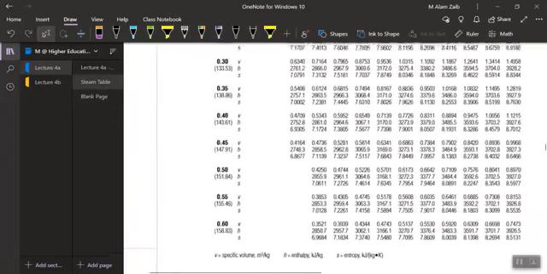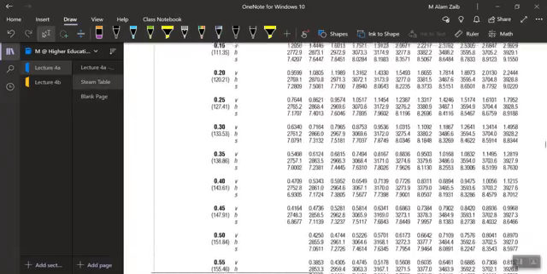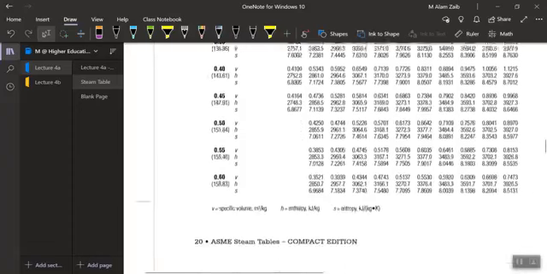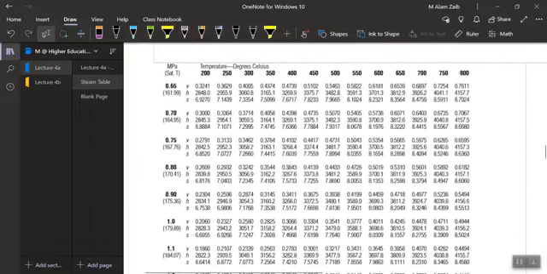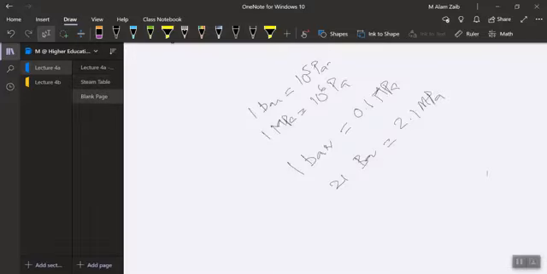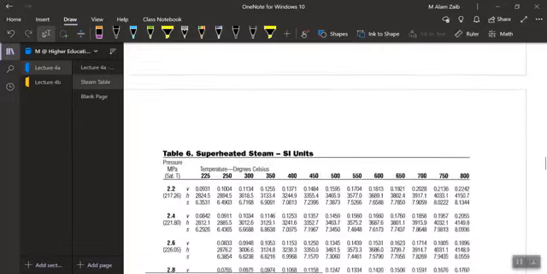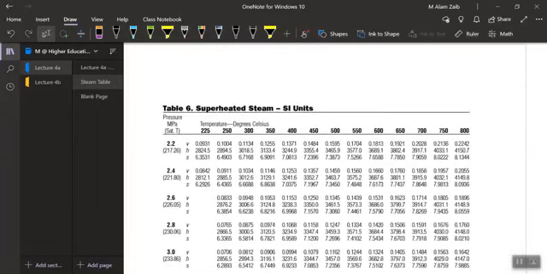So let me check the steam table again. We would be looking at 2.1 megapascal and a temperature of 360. Let's go down there, and I presume we are in the superheated region anyway, but make sure you check.